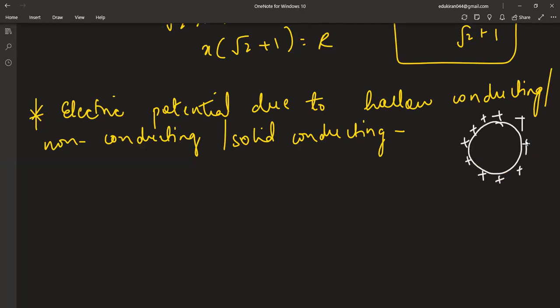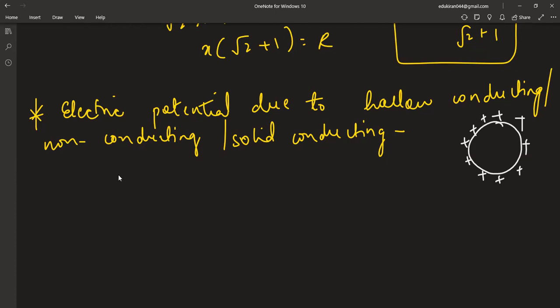The sphere is not allowing the charges to move within the sphere. So usually whenever you have a conducting sphere, keep in mind you have to include the charges which are residing on the surface. It means you have to include the surface charge density, because many questions relate to surface charge density.